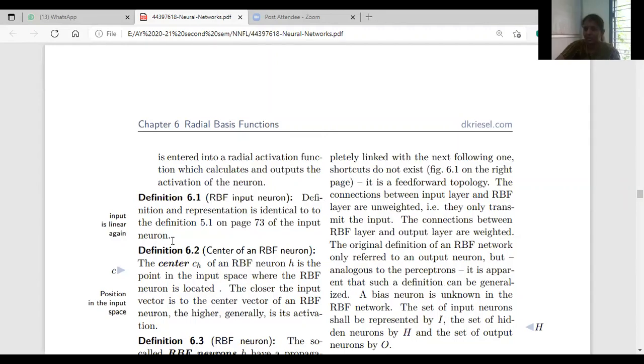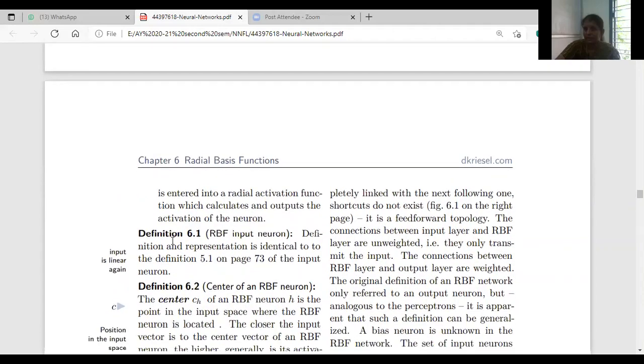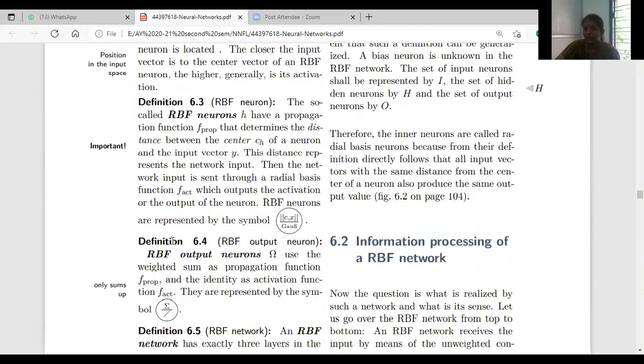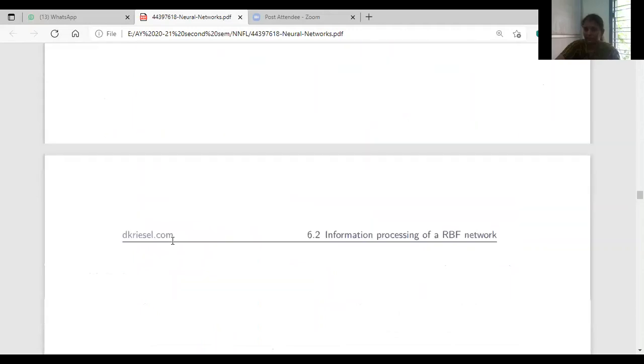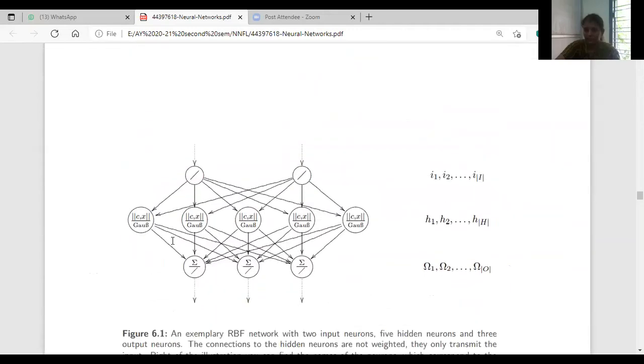So here is the RBF network. This symbol is indicating your input neuron, a circle with the backslash line. This one is indicating your RBF neuron or hidden neuron.